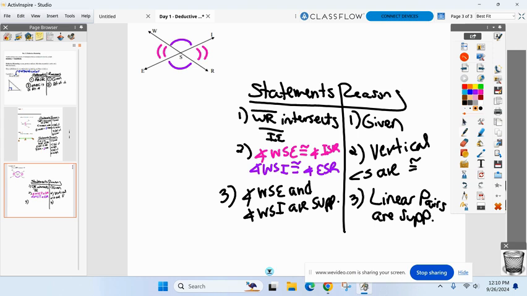And I'll let you know, for the remainder of the year, anytime you tell me angles are supplementary, 99.9% of the time, that's going to be your reason why they're supplementary. And I know many of you are thinking, what's the 0.1%? Given. They might be given to you. So if you ever say that angles are supplementary, that's going to be your reason.